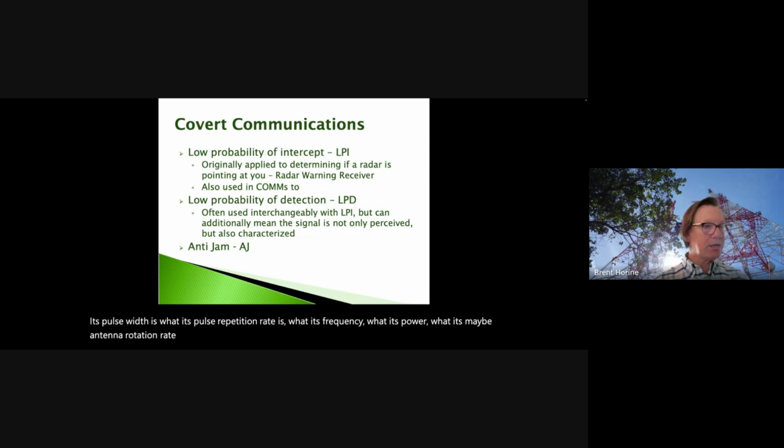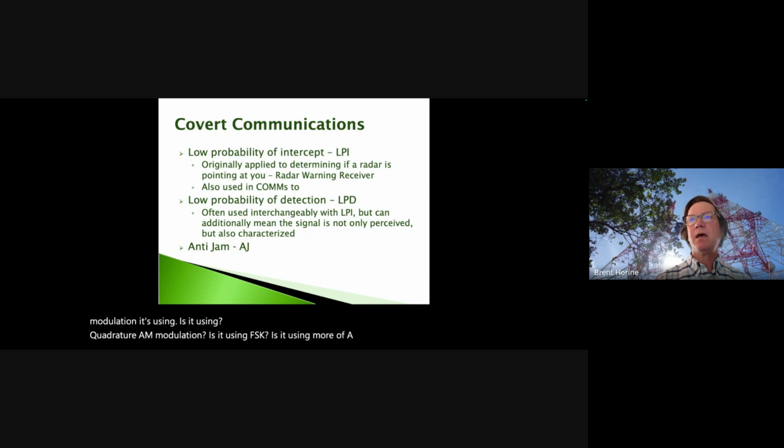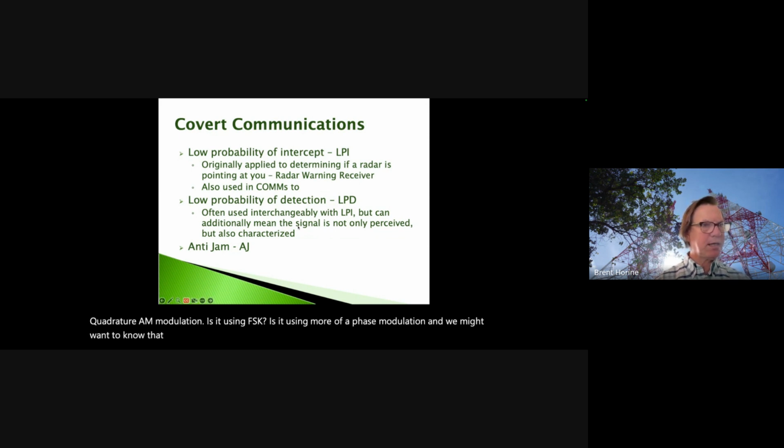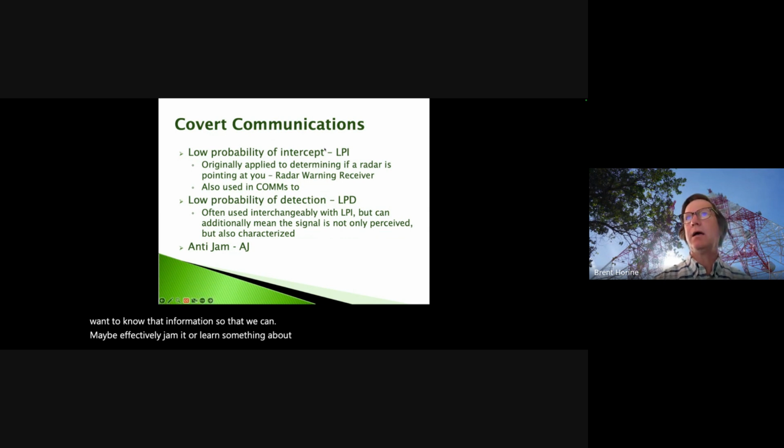In a communication system, we might want to know what kind of modulation it's using. Is it using quadrature AM modulation? Is it using FSK? Is it using more of a phase modulation? And we might want to know that information so that we can maybe effectively jam it or learn something about it, whatever.